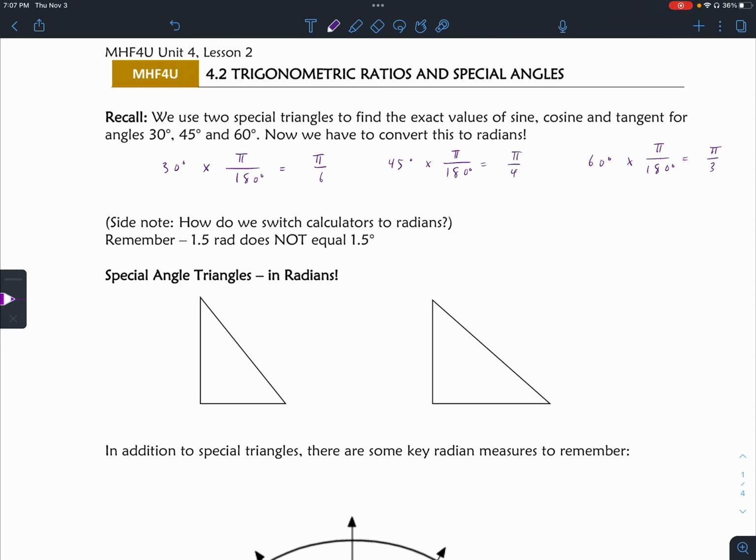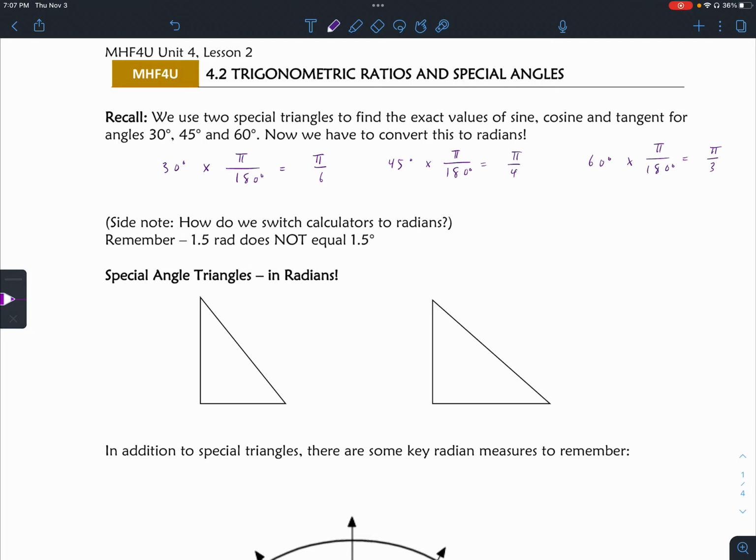Depending on what kind of calculator you have, if you have a Sharp calculator, you have to press second function and then DRG. DRG is towards the bottom of the calculator, and that will allow you to set your calculator to either radians or back to degrees. After pressing second function DRG, I think you have to press equals.